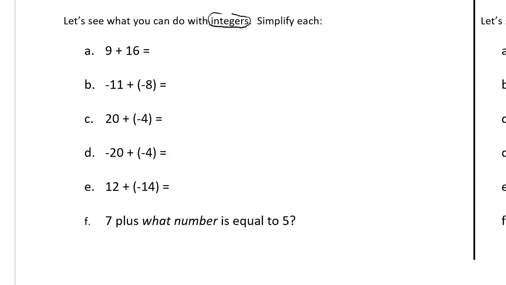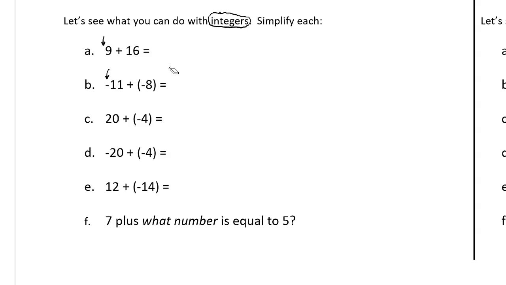Well, what are integers? As we investigate all of these questions, I see numbers. The numbers are sometimes positive numbers, like this one. This is a positive 9. But I also see negative numbers, like in question B. There's a negative symbol in front of the 11, negative 11. That's called a negative number.